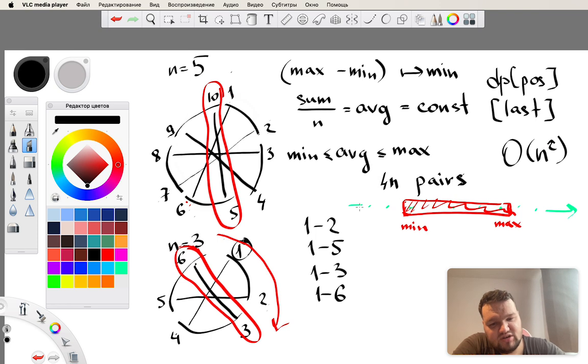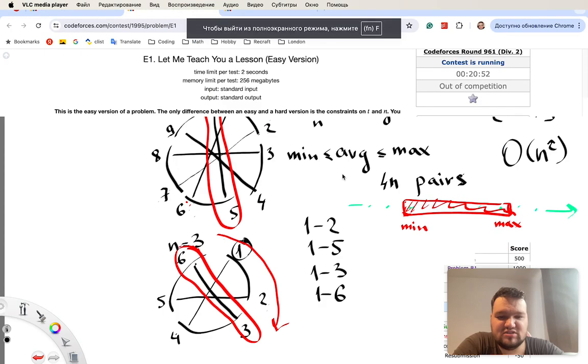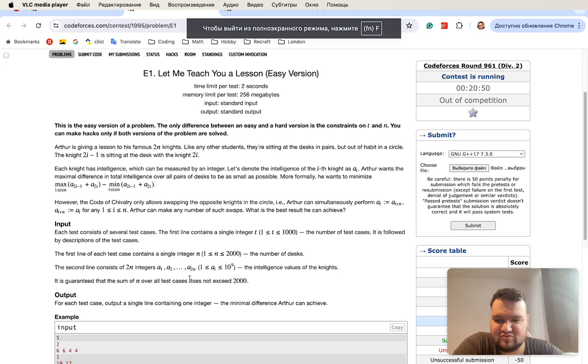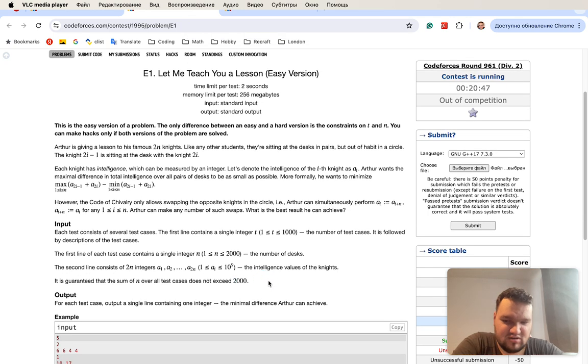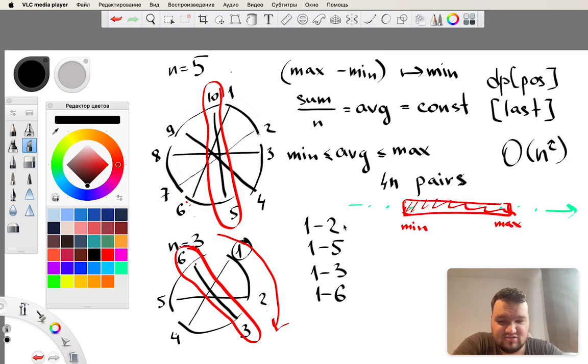So I'm doing two pointers on this thingy, then inside I'm doing linear DP, n square with some big constant, but it should be okay, right? Sum of n up to 2000. It's a good n square. The constant is somewhat big, but not insane. Maybe it's like 32, I don't know. It's fine.